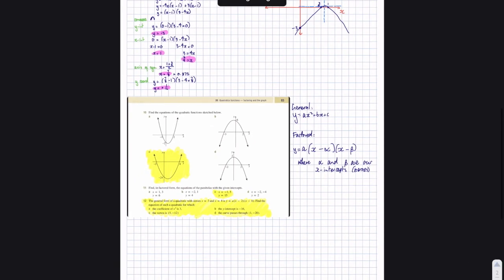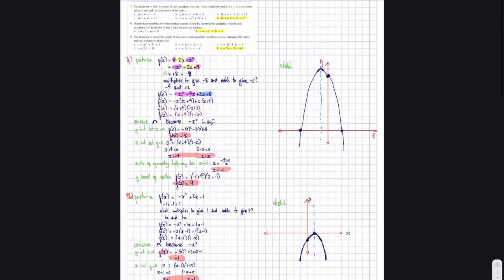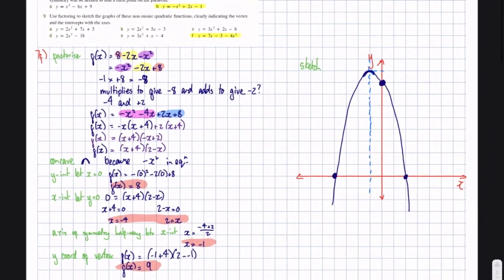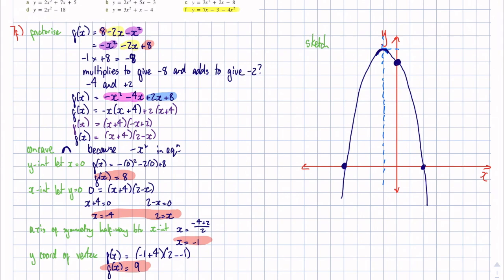Just like above, when we were doing question 7f, we found that the x-intercepts were -4 and +2, and we had factorized it.